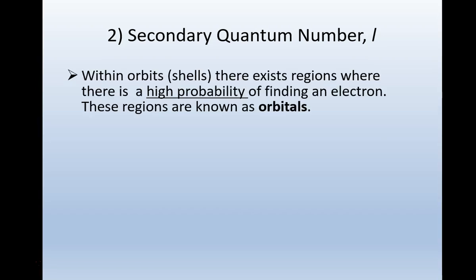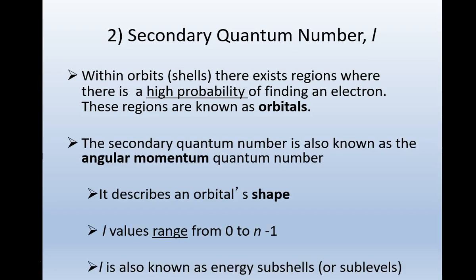That's the formula. The second quantum number that we study is the secondary quantum number abbreviated with the italic letter l, and that represents the shape of the orbital or the region in space where we might find an electron. That's known as orbitals. The secondary quantum number is also known as the angular momentum in many textbooks.